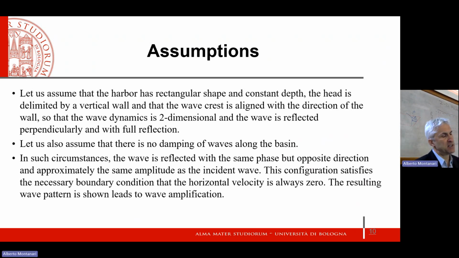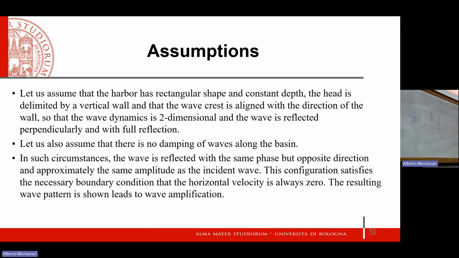Now, what happens in such circumstances? Let's say it by words, and then I will show you a picture. So what happens when the wave is reflected by the Harbour head? The wave is reflected with the same phase, but opposite direction and same amplitude. Let me say again. You get a wave hitting an Harbour head. What happens?